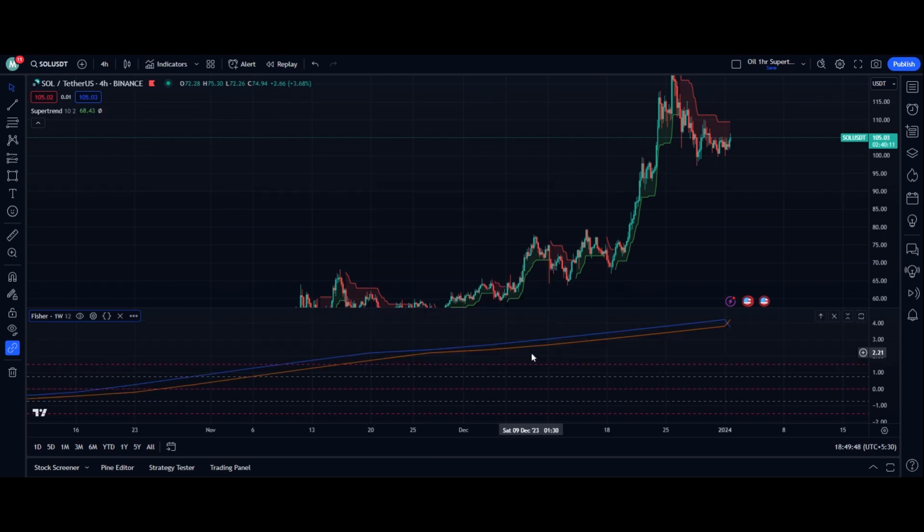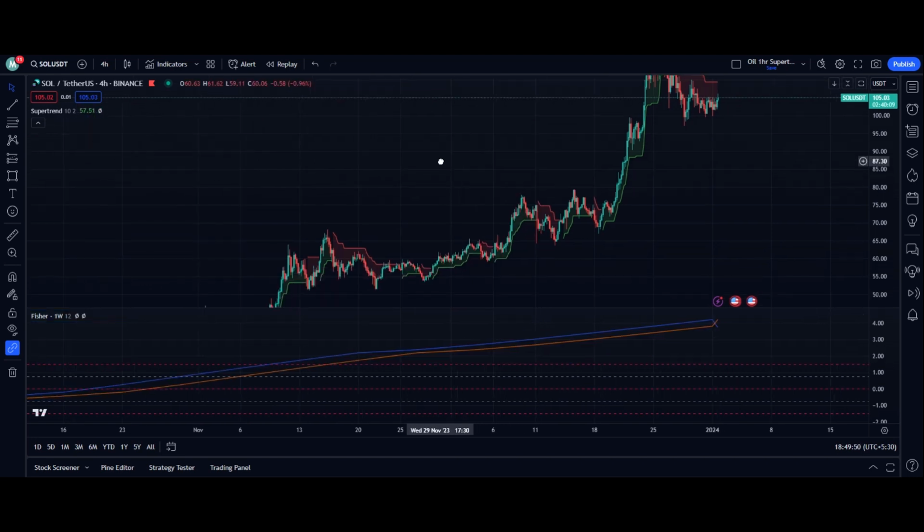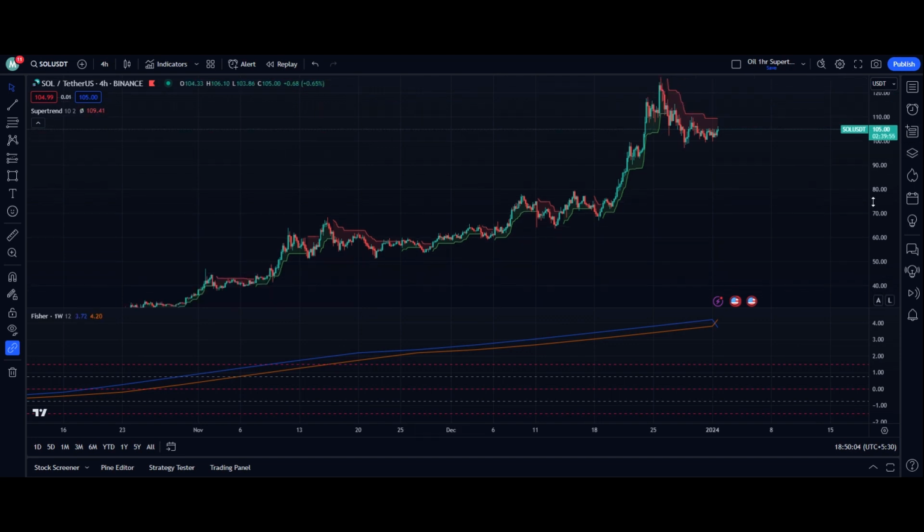because there will be a lot of signals, a lot of fakeouts. Alts are known to have those a lot, and we obviously don't want that to happen, because we don't want to overtrade.